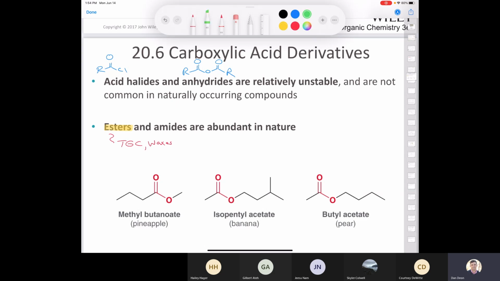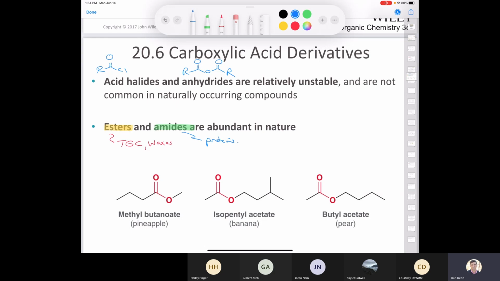And if any of you have studied biochemistry or biology at a higher level, you might have spent some time talking about proteins. Proteins or enzymes are filled with amide bonds. It's nothing but amide bond after amide bond after amide bond.